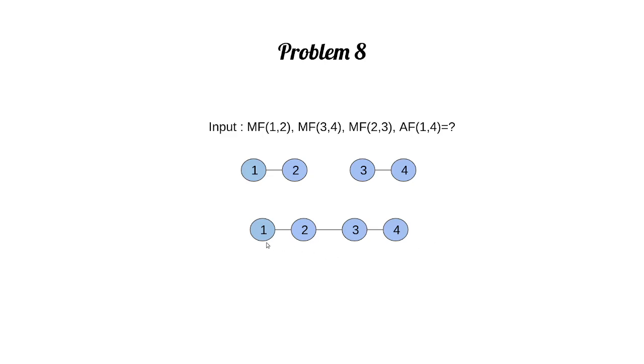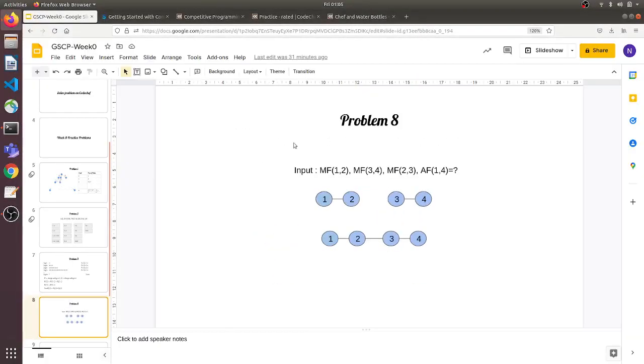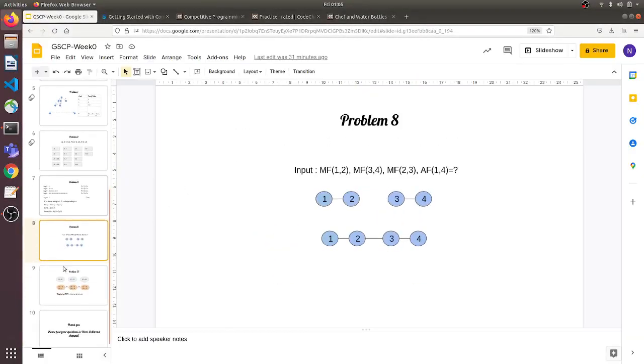So here we will find 1 and 4 in the same set, and our algorithm will say yes, they are friends. But actually they are not friends, because there was no query of type 1 which said make friends 1 comma 4. Therefore this algorithm will not produce an accurate result.